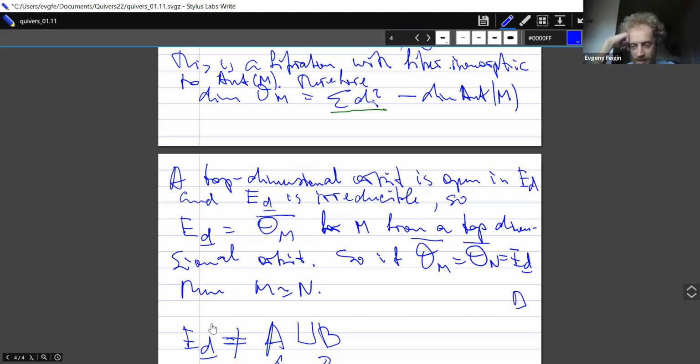So this means that we have some condition on M, and what we say is that the closure of this top dimensional variety is ED. You just have some algebraic subspace inside the affine space, and this algebraic subspace has dimension coinciding with the dimension of the affine space.